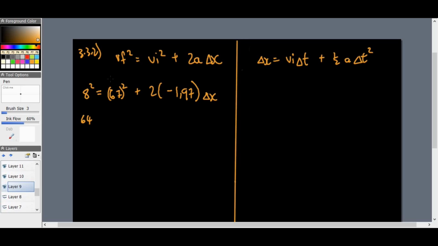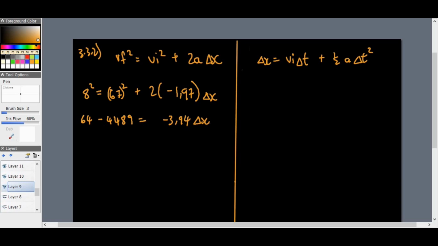And I'm going to take this over, and that's minus 67 squared, which is 4,489. That's going to equal negative 1,97 times 2, that is minus 3,94 delta X.